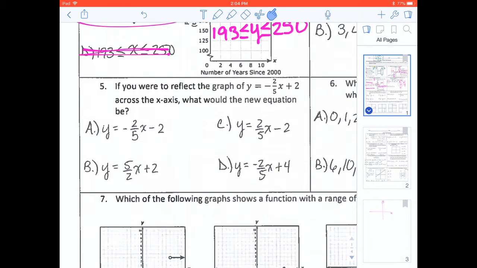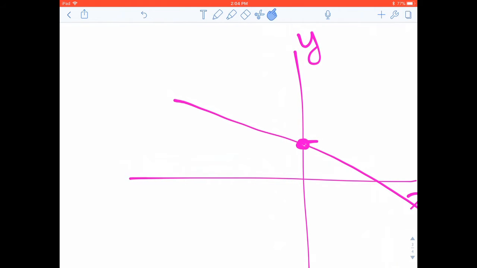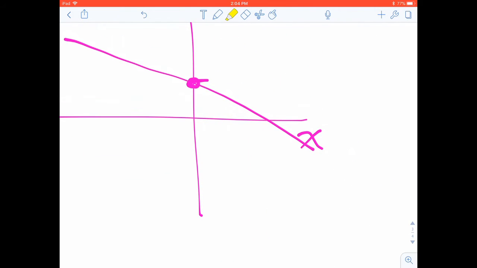So you're going to have a line that's drawn very similar to this one. But we want to reflect that line across the x-axis, which I've highlighted. So we're looking for something that's going to look like this. And you can see that there's a reflection that's being created.